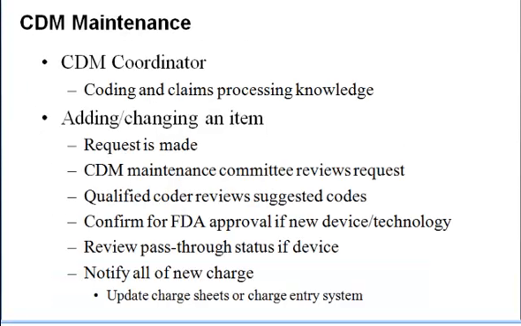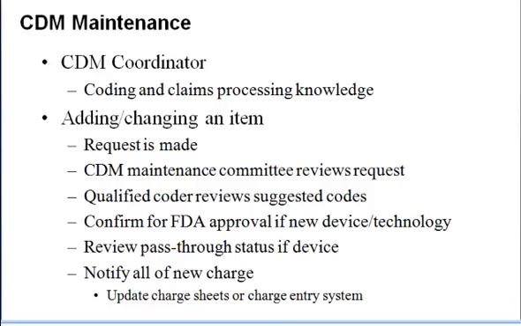Failure to effectively maintain the charge master puts a facility at risk for compliance violations and lost reimbursement. Generally, the charge master coordinator is someone who would help maintain the charge master. They should have coding and claims processing knowledge. If an item is desired to be added or changed, a request is made, and the committee reviews that request.